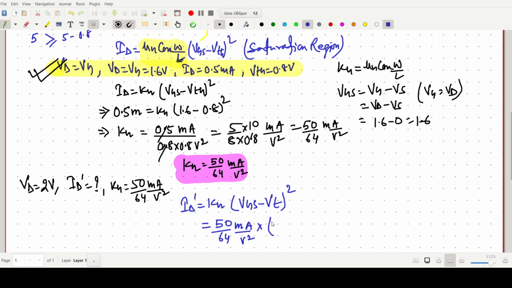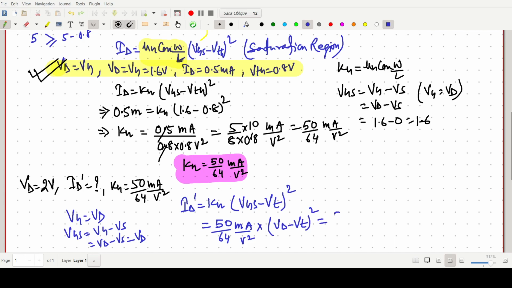VG is here also the same as VD, and VGS equals VG minus VS. VS is 0, so we can write VD minus VS, which is the same as VD.